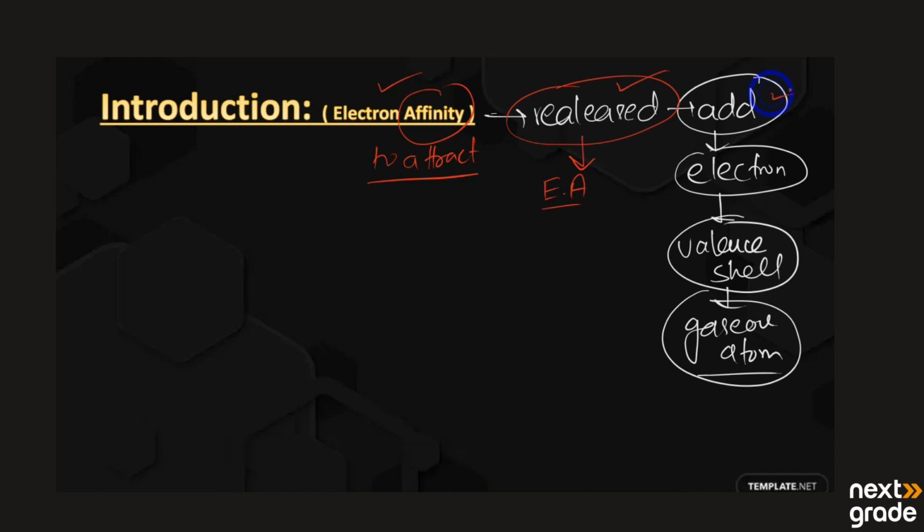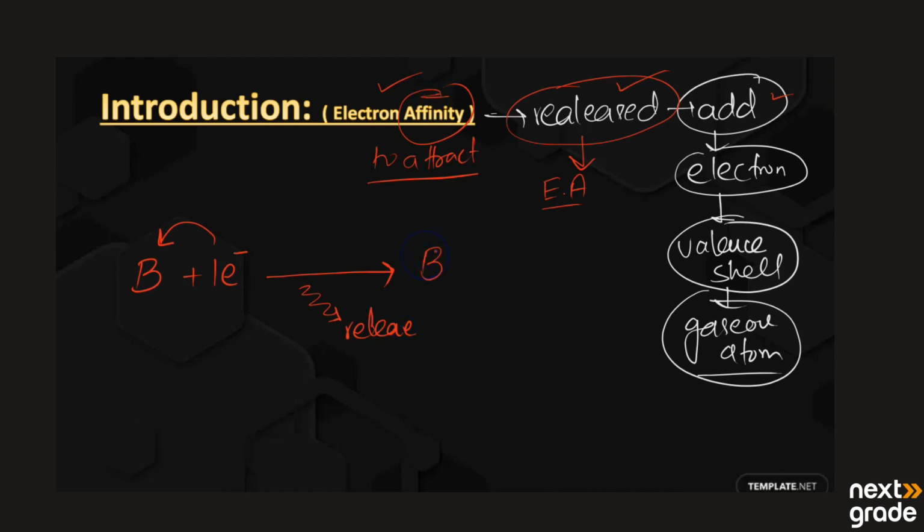For example, we have an atom B and we are going to add one electron in its outermost shell. When that electron is added in the valence shell, an amount of energy will be released. This energy is known as electron affinity.